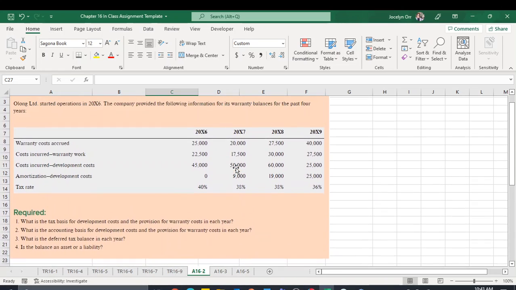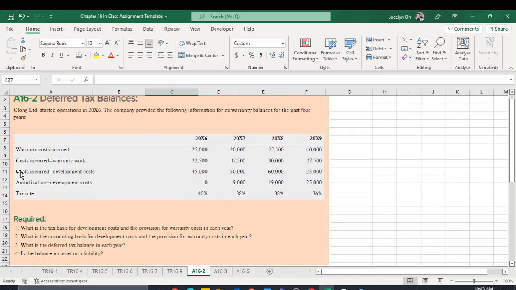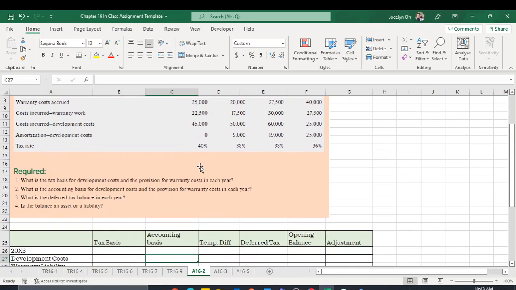So starting off with our developmental costs, we incurred 45,000 in 20x6, and we amortized 0. So our accounting basis is going to be the 45,000 that were incurred, and we would subtract what was amortized, but of course, being 0, the result is going to be the same.